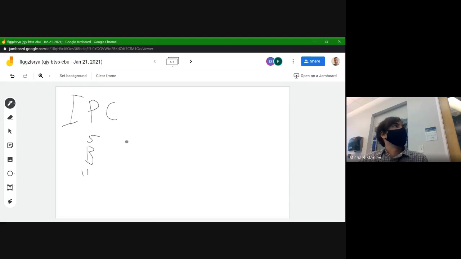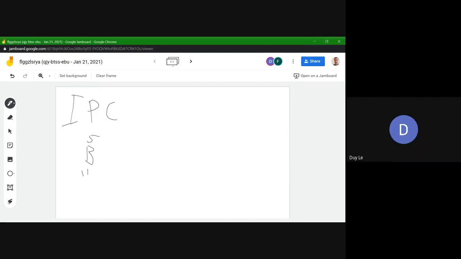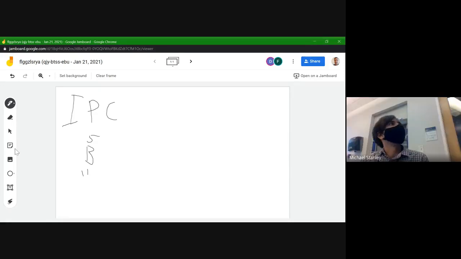So the first thing that we've got to figure out is how many electrons are in boron. 5. 5, precisely. So remember, the atomic number tells us how many protons we have, but also how many electrons we have. So boron has 5 electrons.